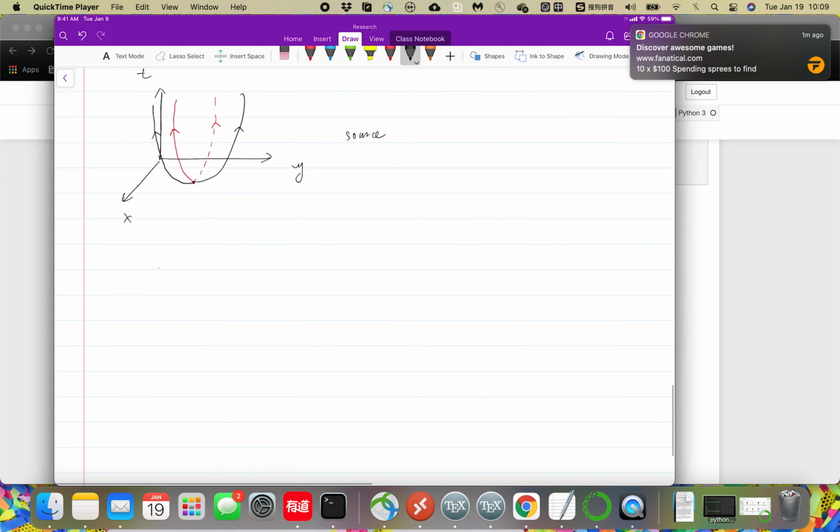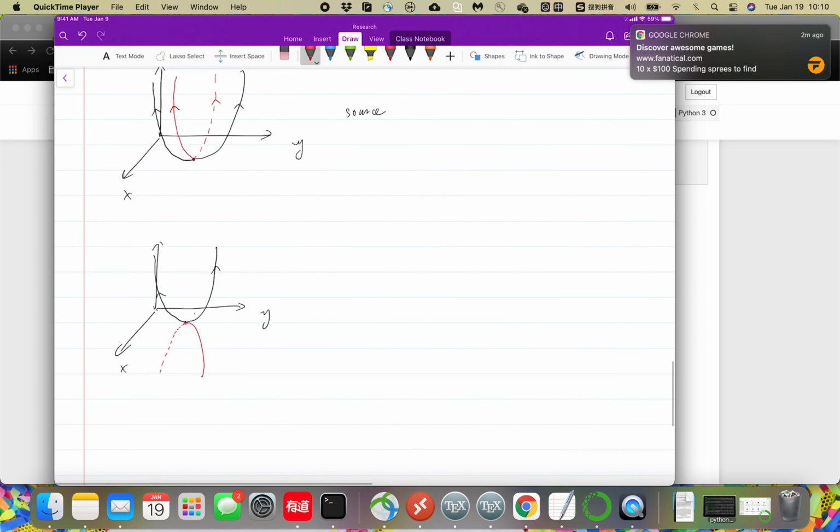And finally, x and y. In some direction it's going up, which means it's a source, like this. In some direction it's actually going up, like this.